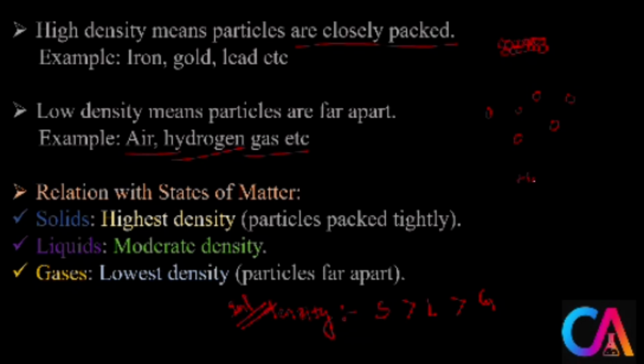Let's say water, oil, honey, these three. Which density will be more? First comes honey, then oil, then water. Clear? So this concept will help you solve problems many times. So this is very important. I hope it helps and all up to this is clear.